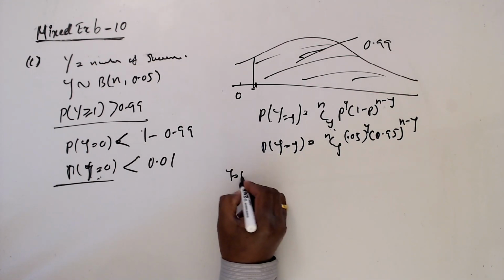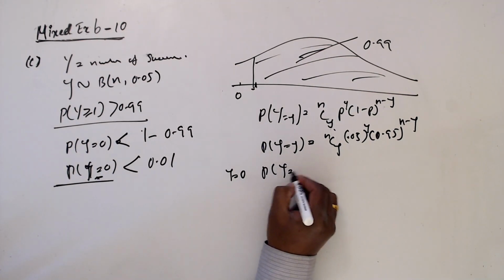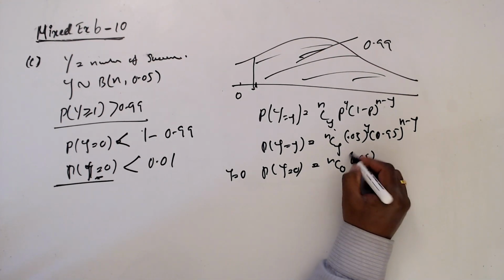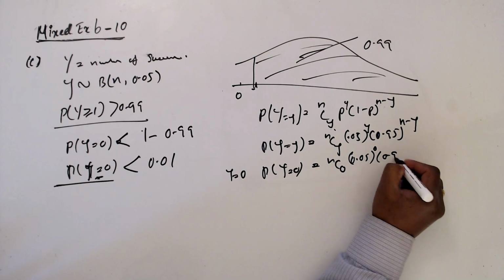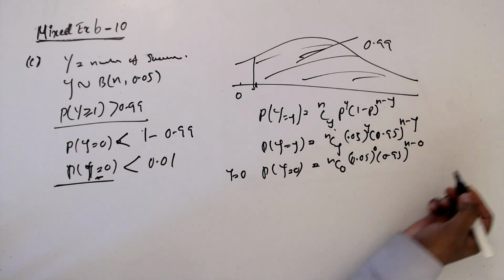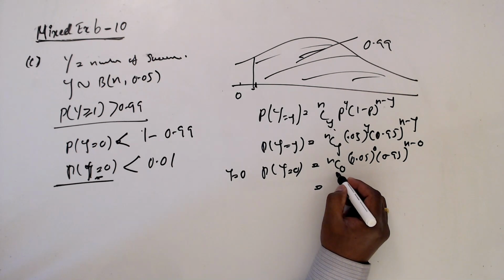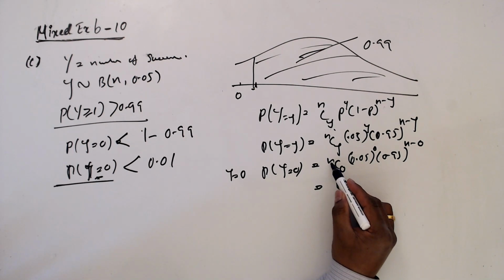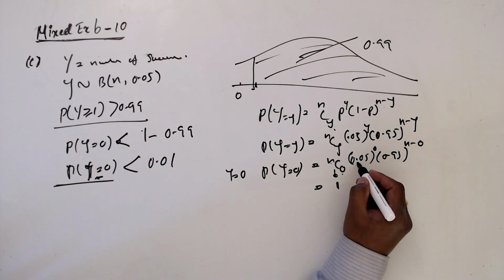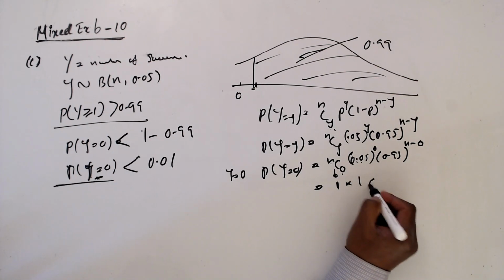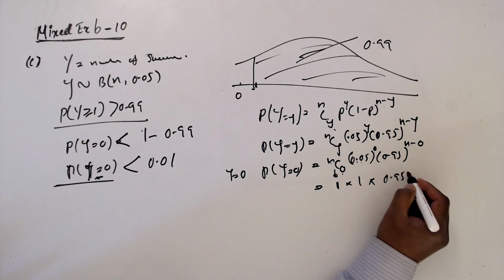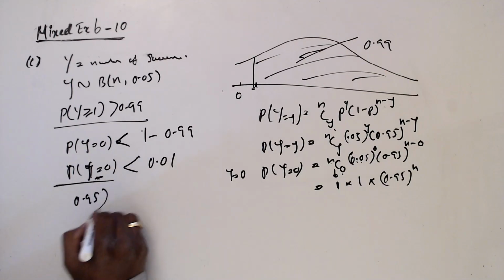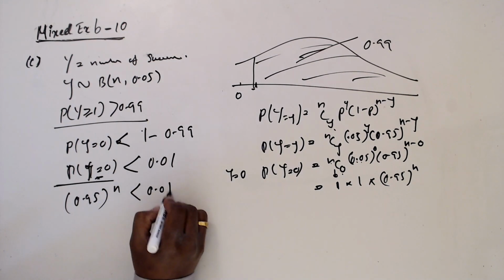Now y equals 0 we need. So probability of y equals 0 is nC0 times 0.05^0 times 0.95^(n minus 0). Now nC0 is 1, it doesn't matter whatever the number, and 0.05 to the power 0 is 1. So this is 0.95^n.